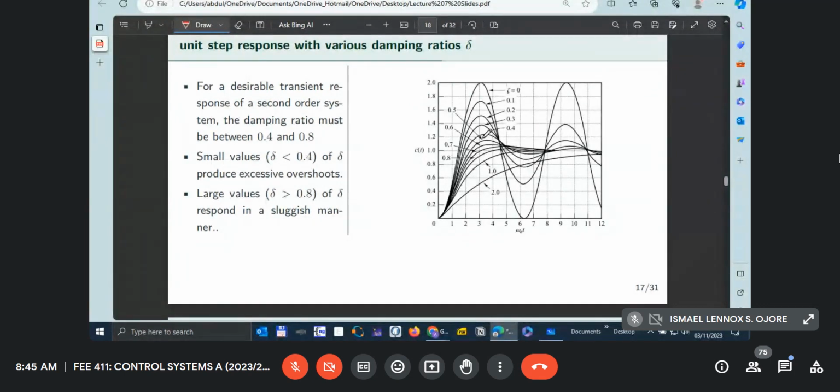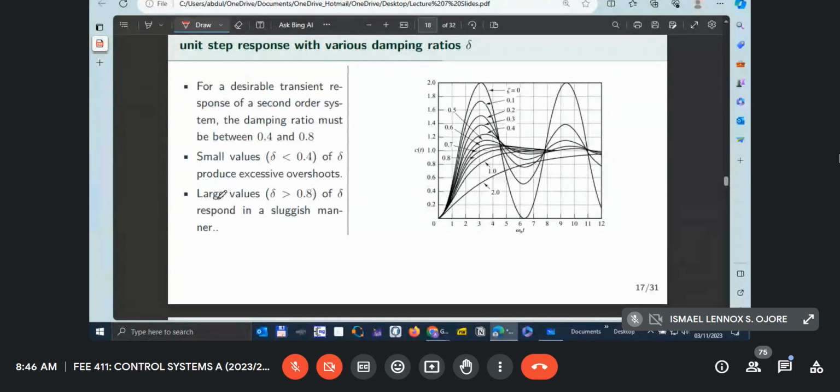For a small value of damping ratio, less than 0.4, we can see we have large overshoots. Like this one, it's too high. So we don't want these large overshoots.